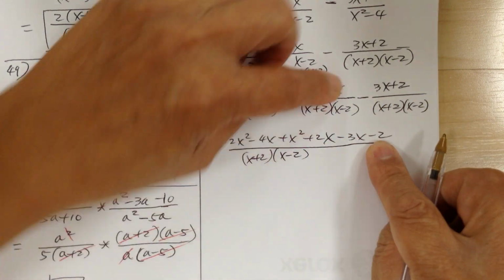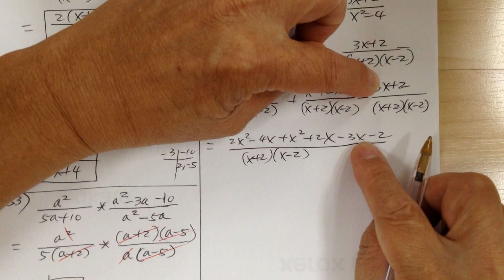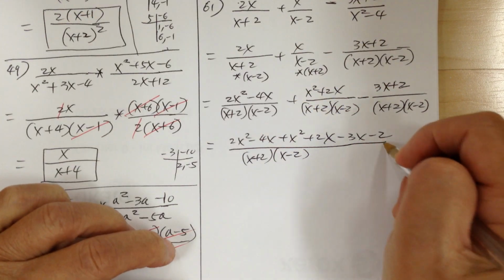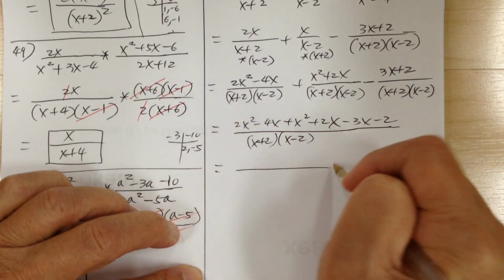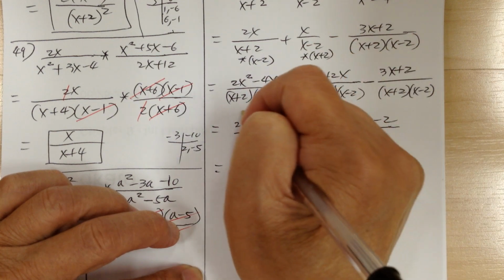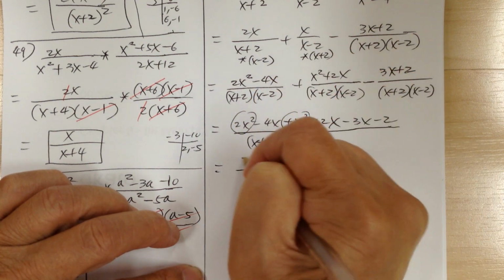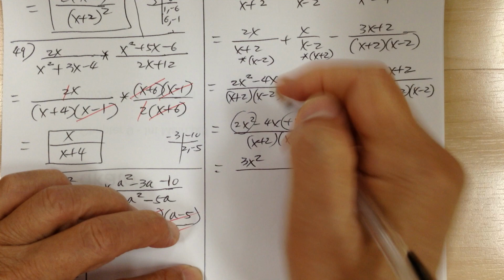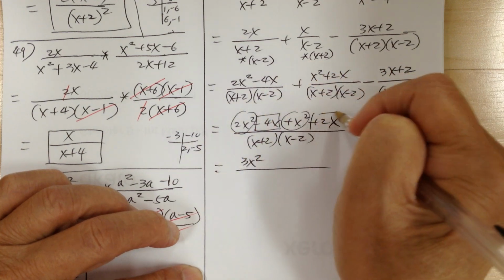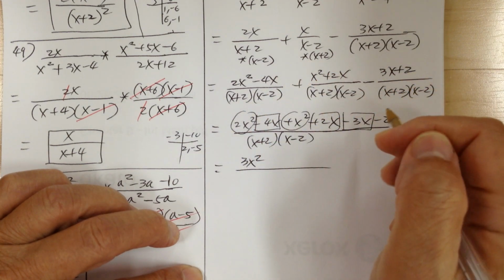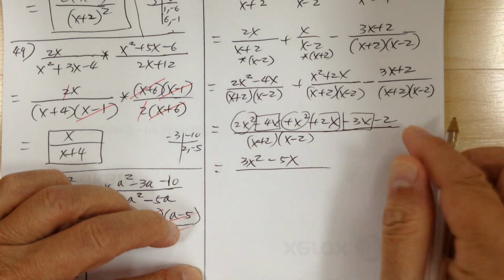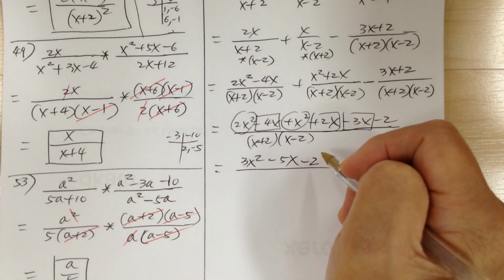Okay, so be careful here. See, you have to distribute. So minus 3x minus 2. Okay, then you can go and combine the like terms. So this one and this one will give you 3x squared. And the first degree term, this will give you negative 5x, and the number would be minus 2.